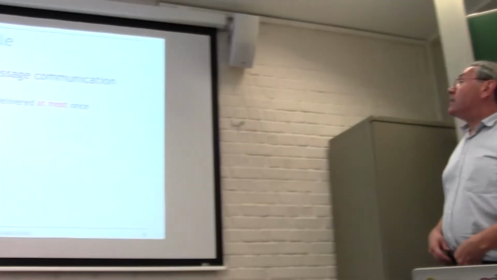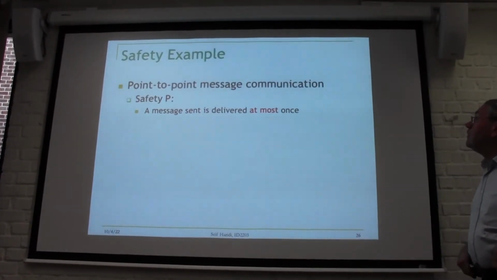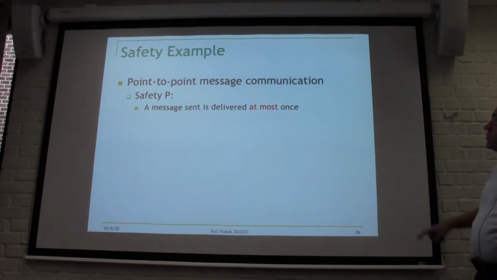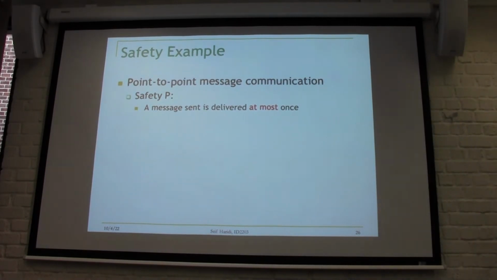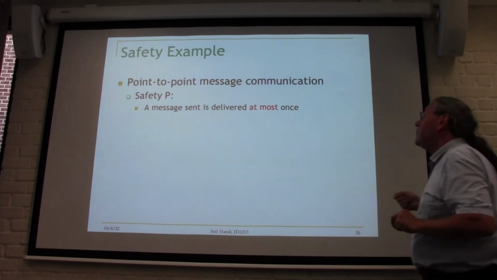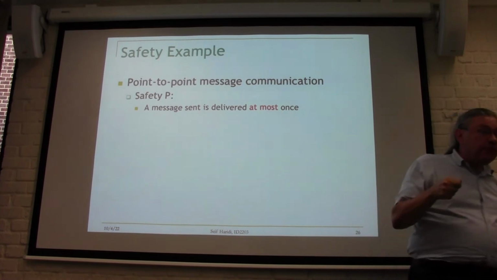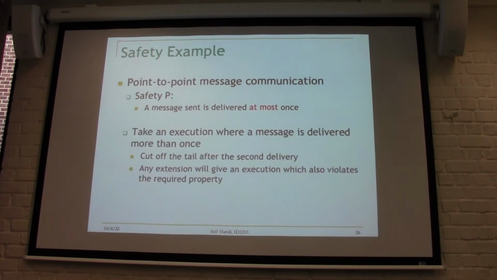Here's an example from a distributed system: point-to-point message communication. Here's a property: a message that is sent from one node is delivered at most once, so zero or one times, not more. That's a safety property. Why?